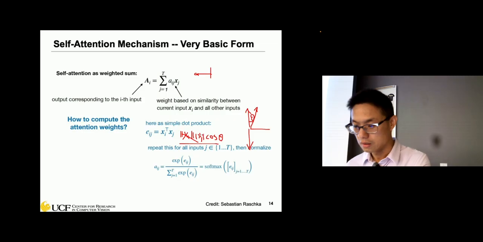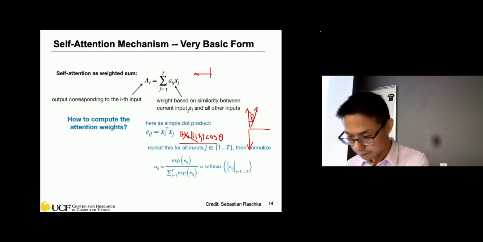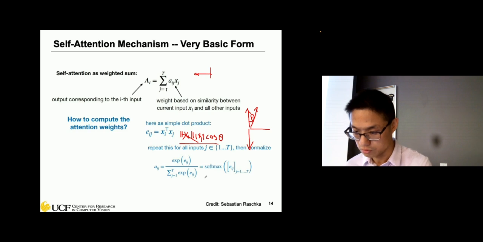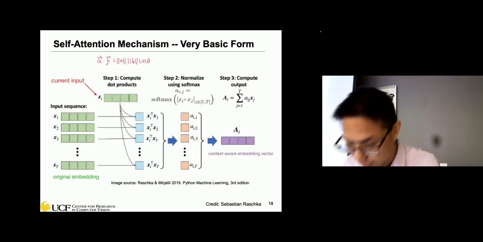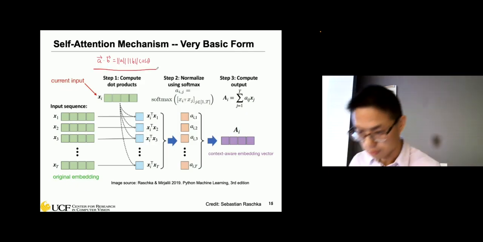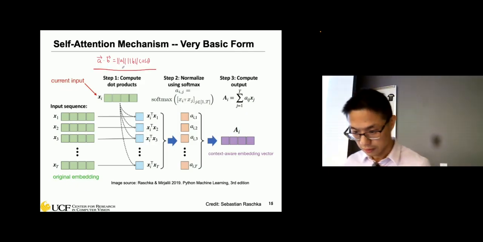So this is a sort of similarity measure: how close these two different vectors are. Of course, we can then use the softmax to scale them between 0 and 1, and they sum together to equal 1. I write it here, so this is the form for the dot product.